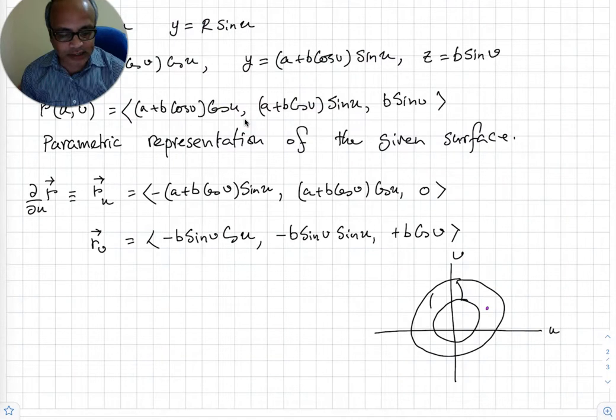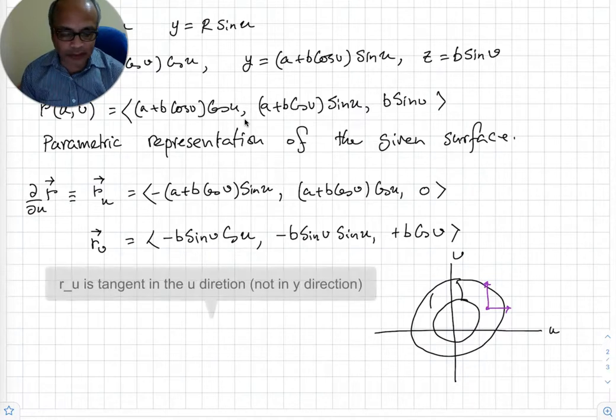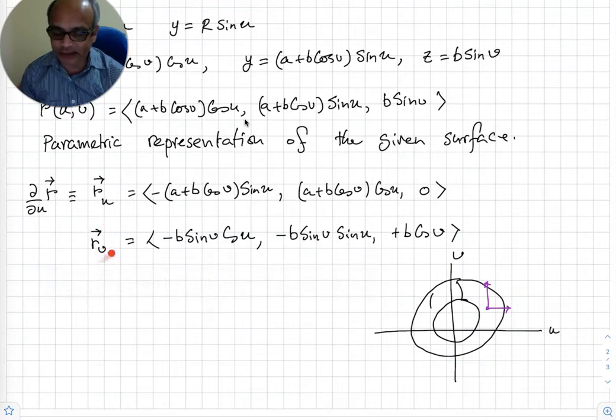So r sub u might be something like this, and r sub v might be something like that. You have to be careful. You have to look very locally at this point, and at this point r sub u will be a tangent in u direction, r sub v will be a tangent in v direction, and you can do that at every point on the surface.